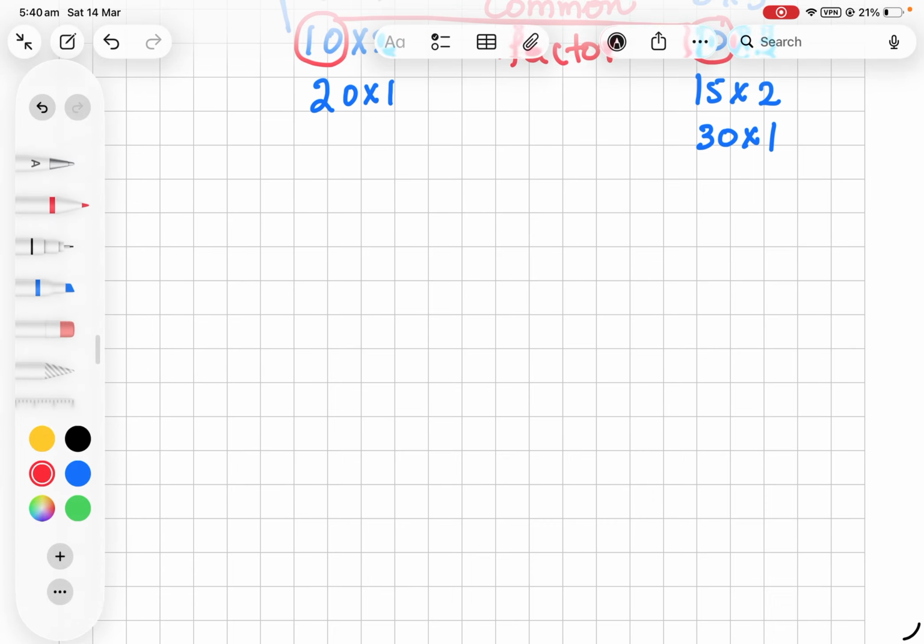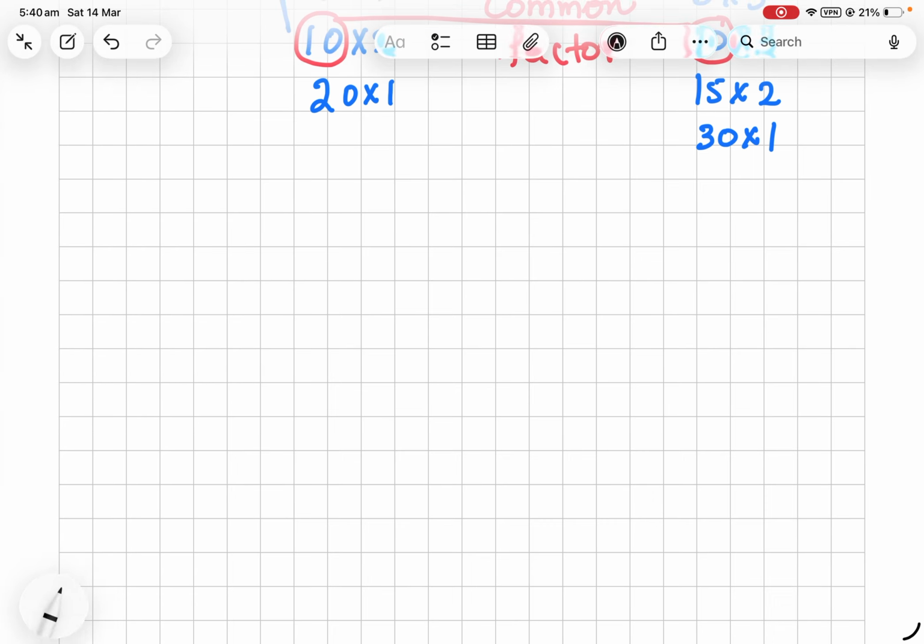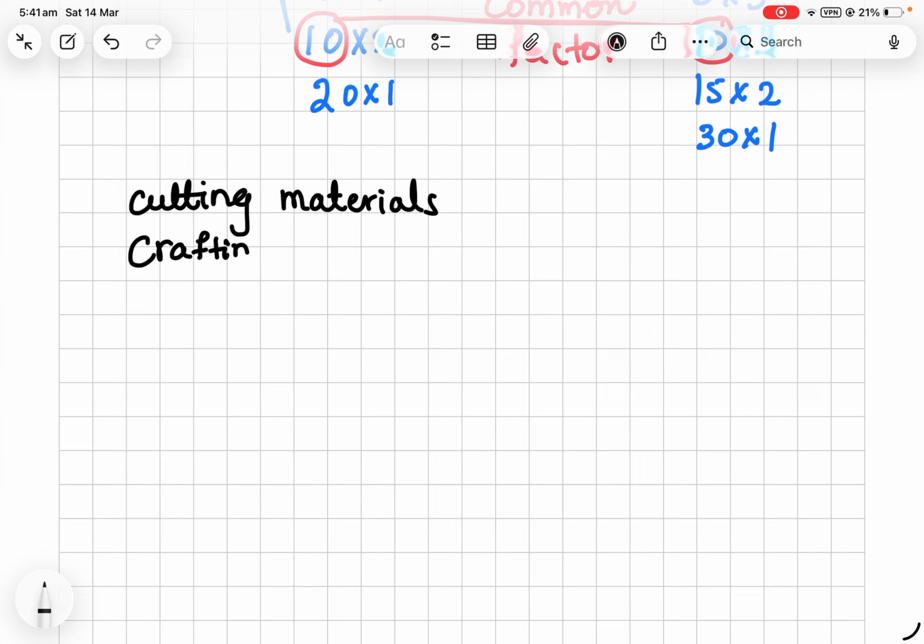Let's change to a different marker. All right. Let's say in carpentry, cutting materials. The most common cutting materials that you will come across in your high school would be for crafting, or it could be for carpentry. So when you have two different lengths of wood, I'm going to use feet here.